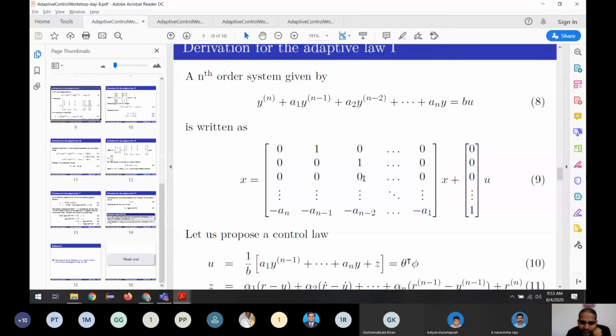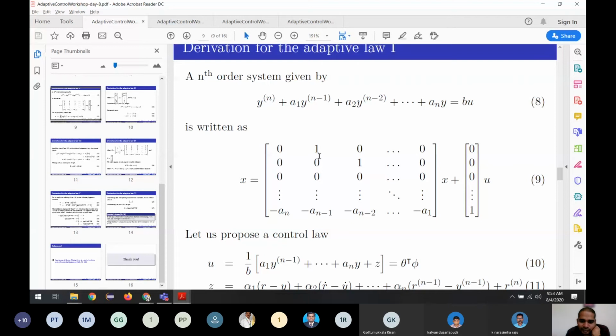So how do we write a state space equation? We have x as the states. Sorry, it should be x dot here. This side is x; this is my mistake, it should be x dot. If you write a vector, we have x1, x2, x3, x4, and the last one will be xn, right?